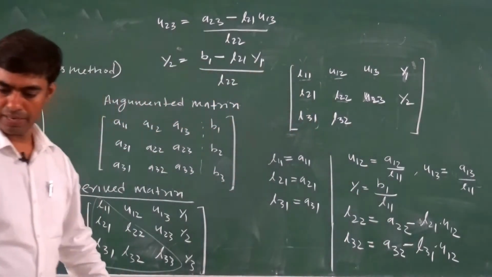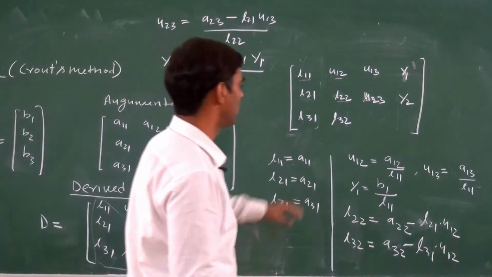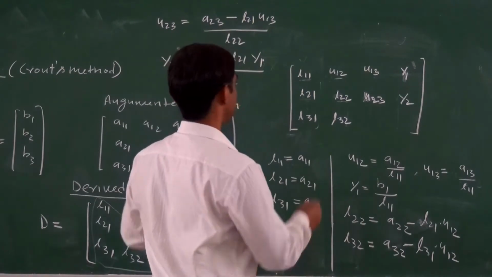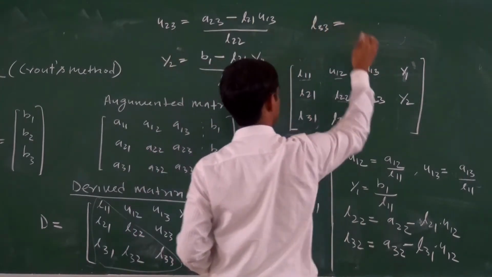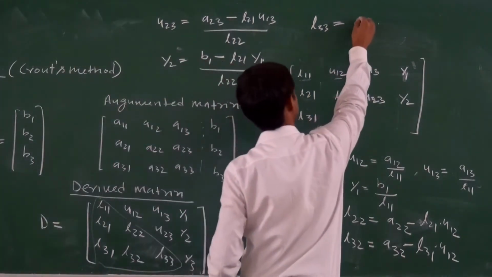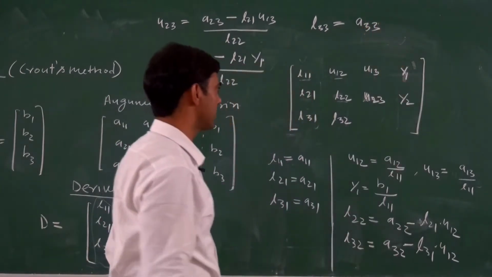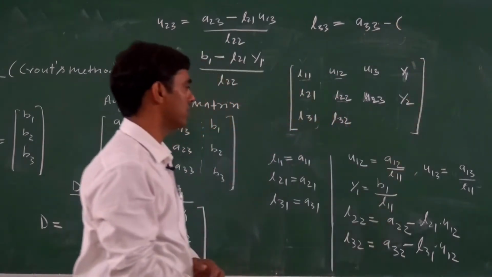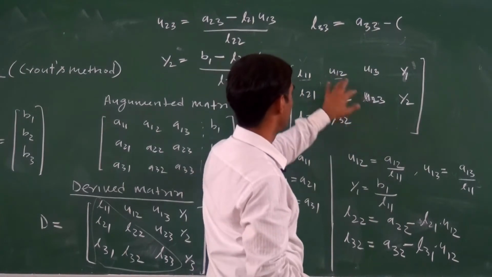Now in a similar manner, how do we find the third column? What is the element? L33. So how do we find the value of L33? L33 equals the corresponding value in the augmented matrix, A33, minus the sum of the inner products, because there are two terms.